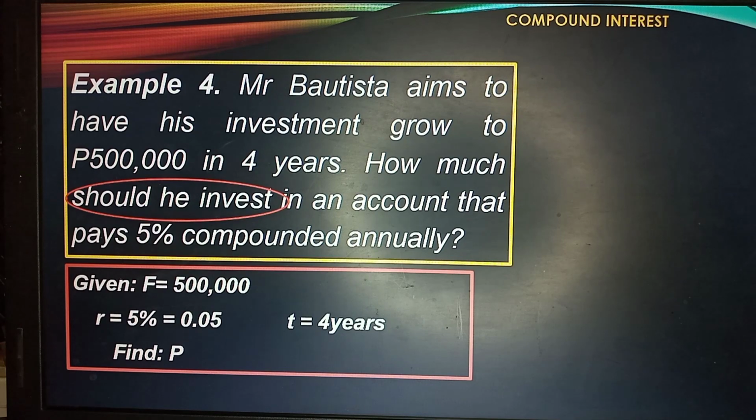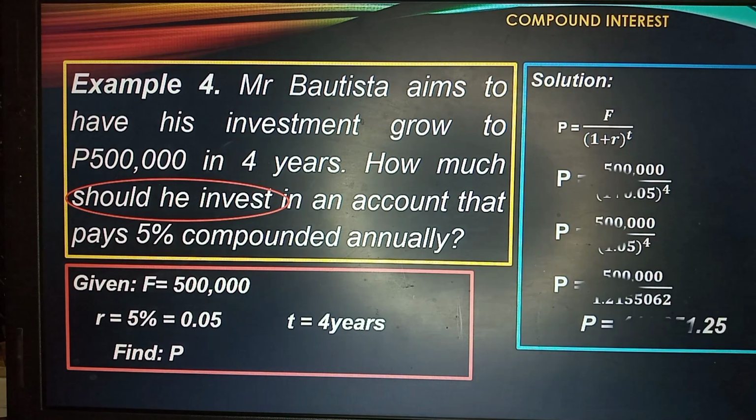Okay, so use the formula. P equals F over 1 plus R to the T power. Just use your scientific calculator so it is easier. So we have 500,000 divided by 1 plus 0.05 to the 4th power. That is 1.05 to the 4th power, which is 1.2155062.